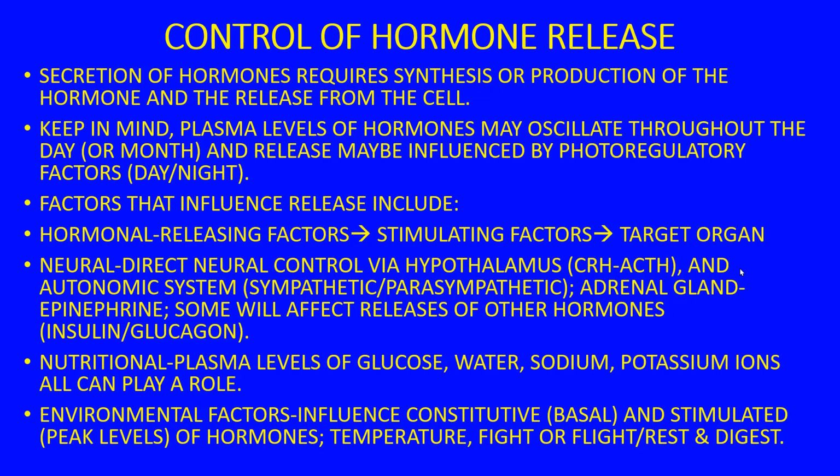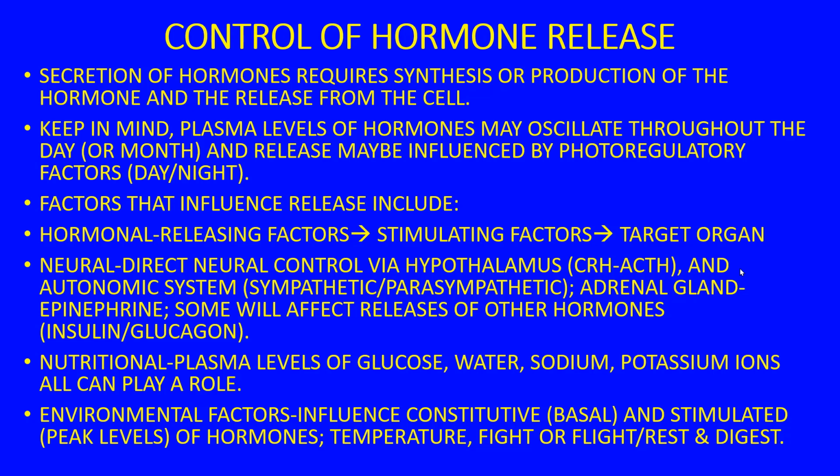Now what we're going to do is show you basically nutritional control. Nutritional control, you can see really simply. You could have this as glucose with insulin and glucagon. When I have elevating levels of glucose, I have insulin that increases so that it can drive the glucose out of the blood back into the cells.